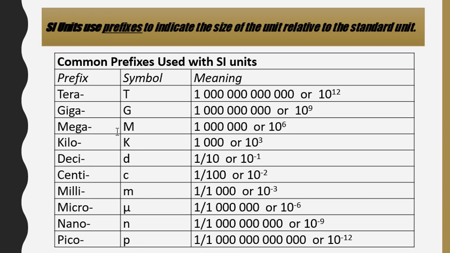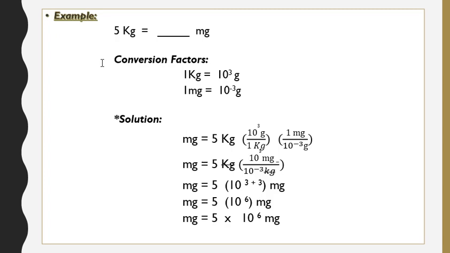With these prefixes or SI units, we can convert one unit to another unit. Example, we have 5 kilogram. What is the equivalent of 5 kilogram in milligram? Take note again, the kilo and the milli in milligram are Latin prefixes. In converting this, we have to use conversion factors.